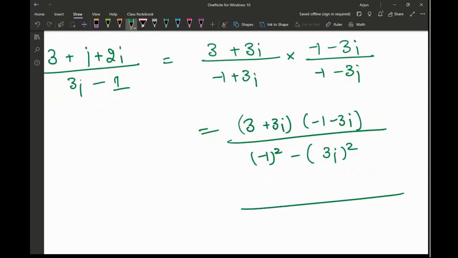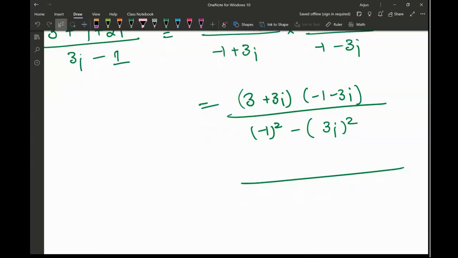On the bottom it will be 1, negative 1 square is 1, and down here it will be negative 9j square, and here it will be minus 3 minus 12j.